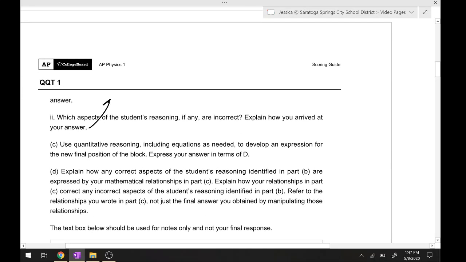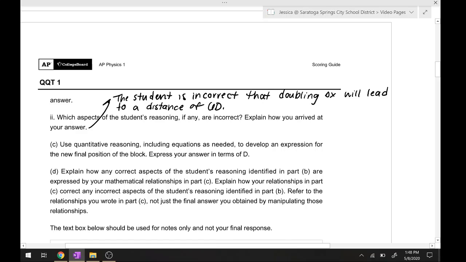Okay. So the student is incorrect that doubling delta x will lead to a distance of 6D.